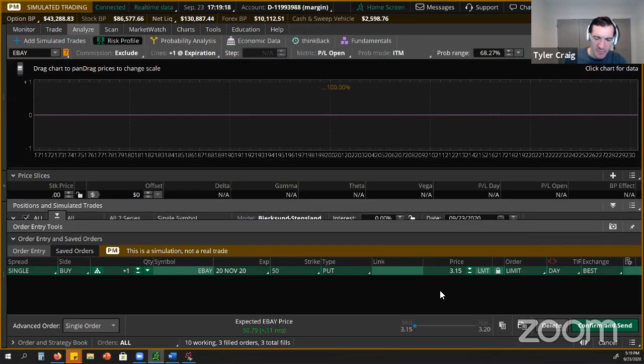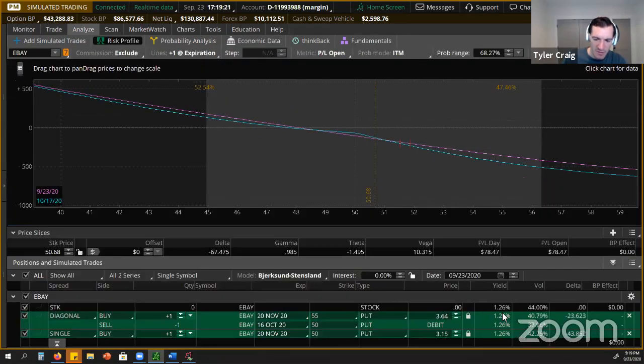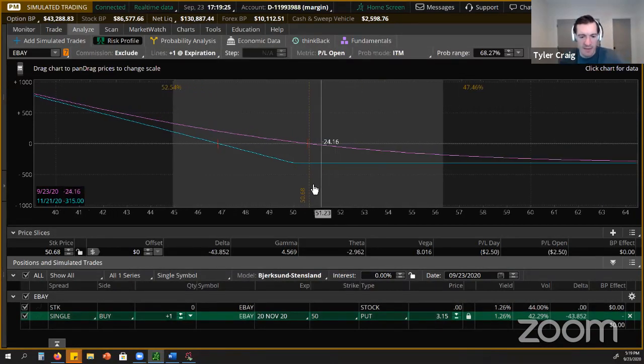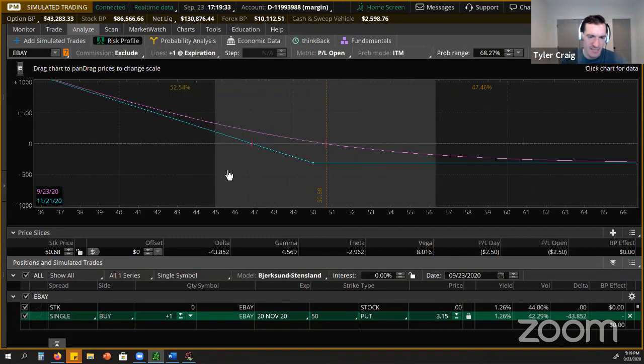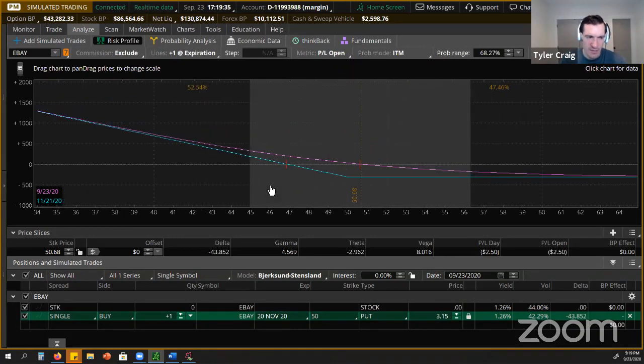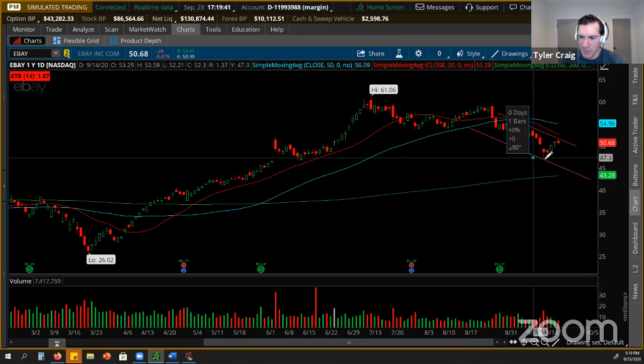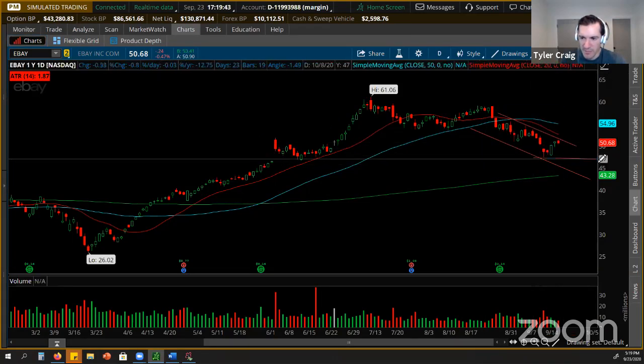I'm going to look at the risk graph here. So my risk is going to be $3.15 and my reward is unlimited, at least until the stock hits 0, right? So you take a look at the chart. You say, all right, I think eBay could drop to $47.